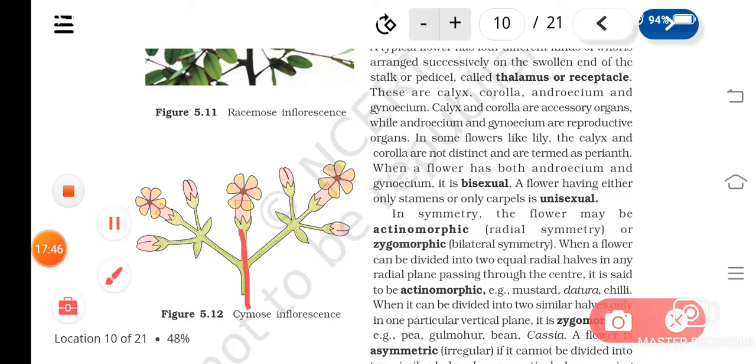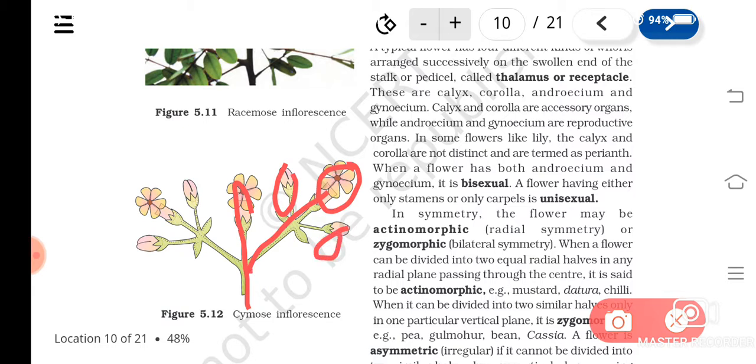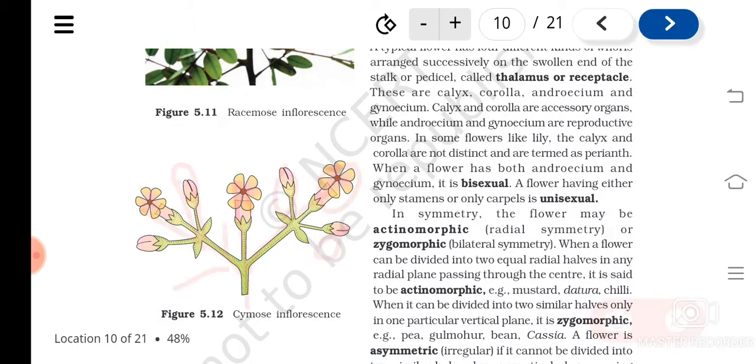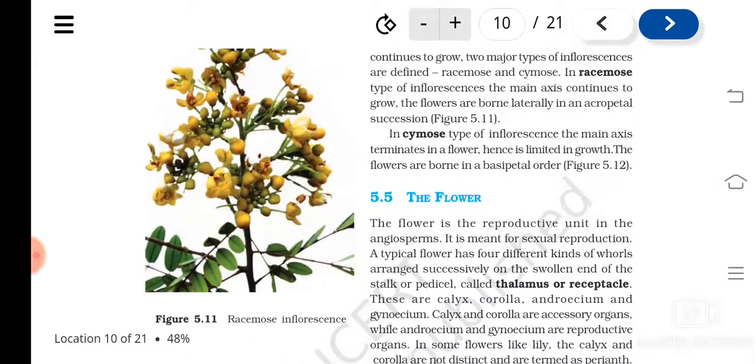The axis tip will end in a flower, and the younger flowers will be produced toward the base. Understood? The first flower will form at the tip, and the second flower just below it. This kind of inflorescence is known as cymose inflorescence.